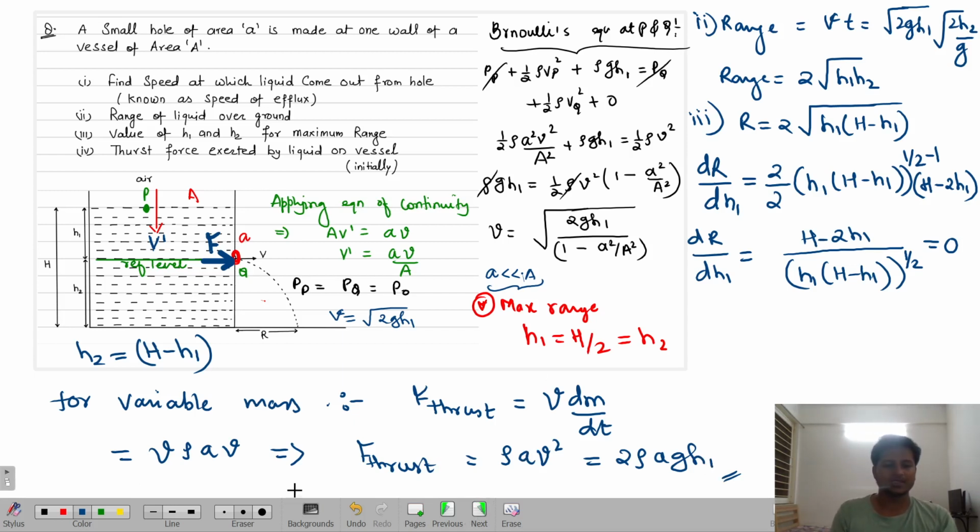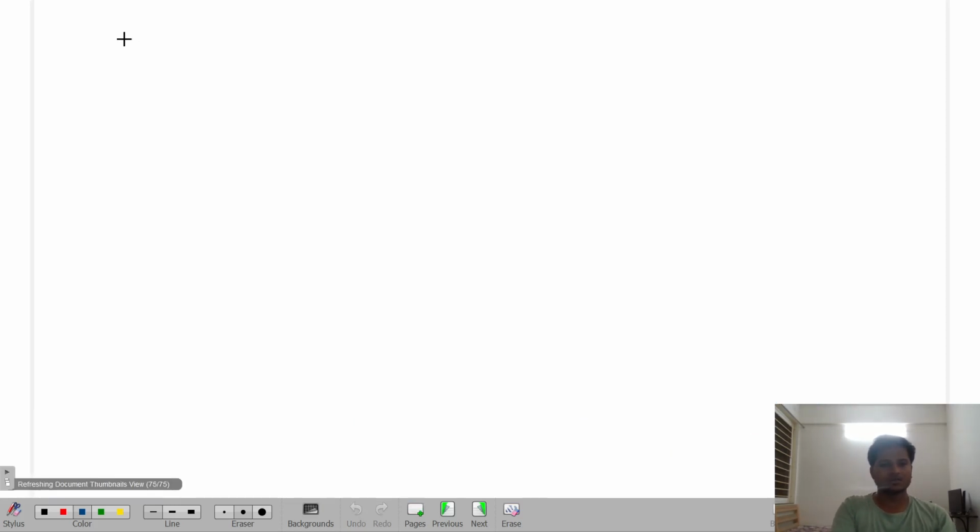Now, remember that this is the thrust force when the body is moving with constant velocity. Let's suppose mass starts to vary. Actually, the net force equation is always d by dt of mass into velocity.